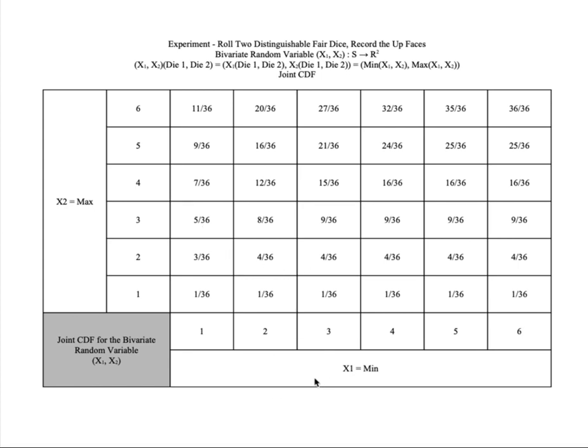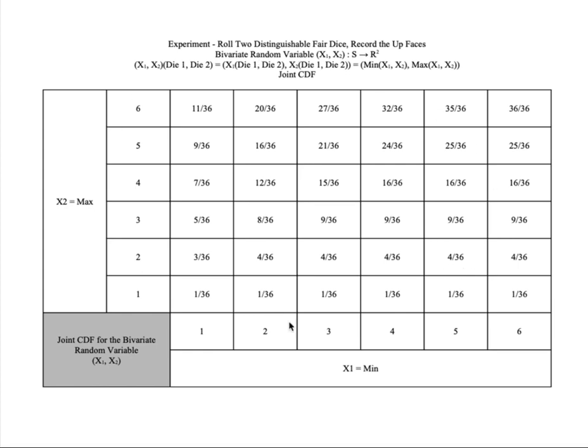So for example, the CDF evaluated at x1 equal to 2 and x2 equal to 4 would be 12 over 36. The CDF evaluated at x1 equal to 5 and x2 equal to 2 would be 4 over 36.